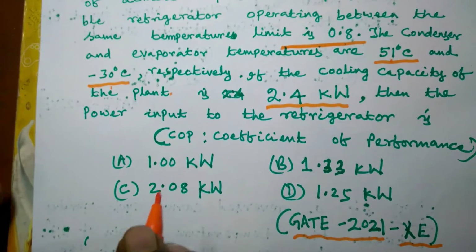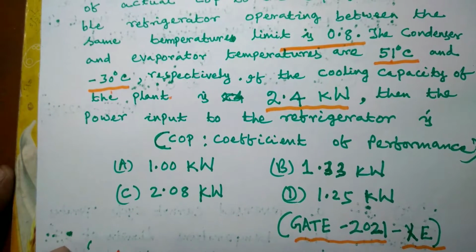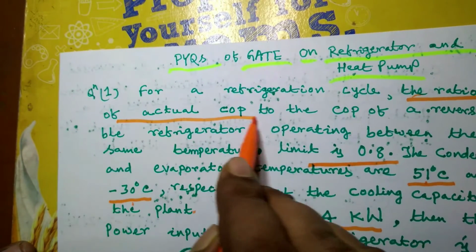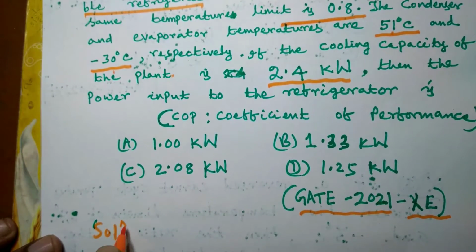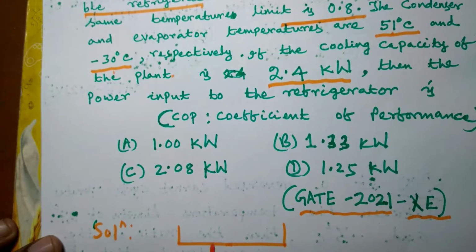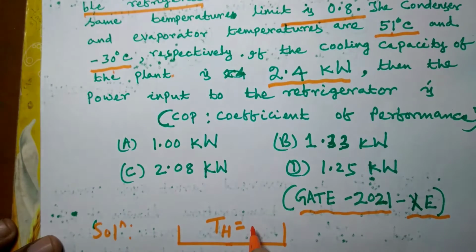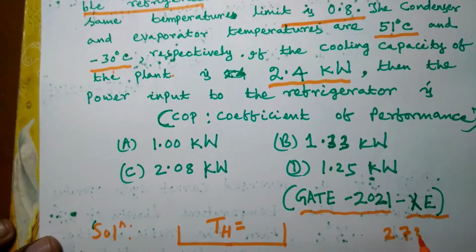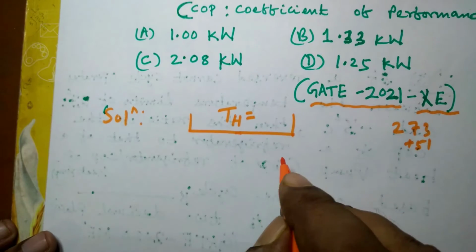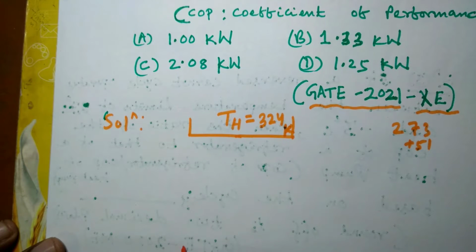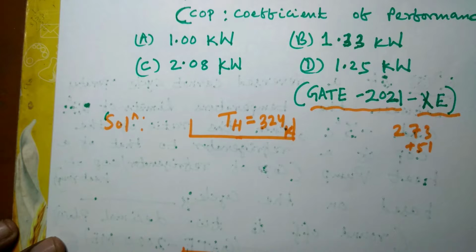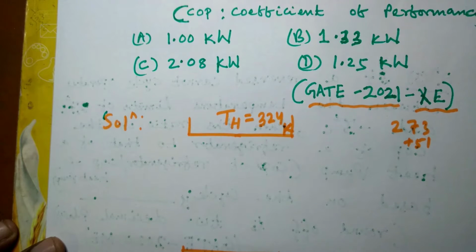The actual COP of this refrigerator, the ratio of actual COP to the COP of the reversible refrigerator, this line is important. Suppose TH is the higher temperature, in Kelvin, 273 plus 51, that is 324 Kelvin, and TL, minus 30 degrees Celsius, is equal to 243 Kelvin.